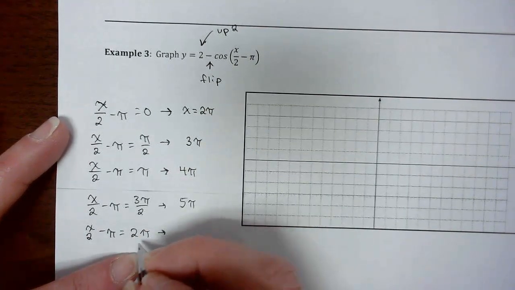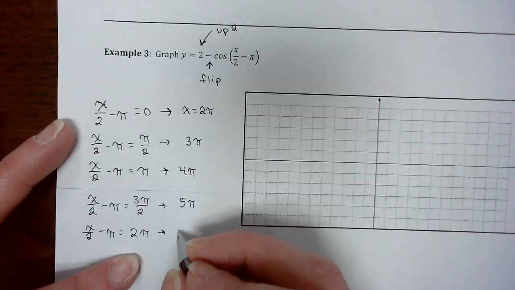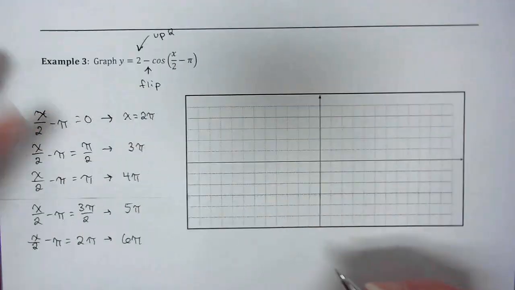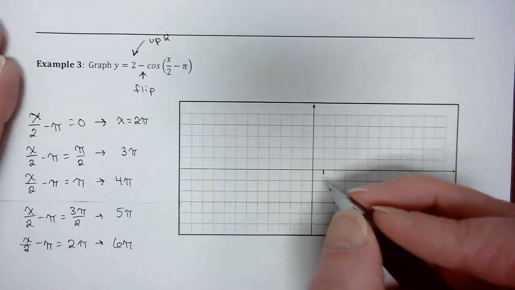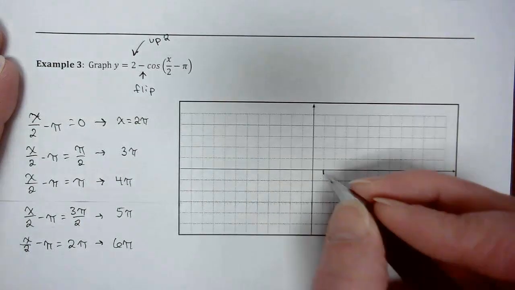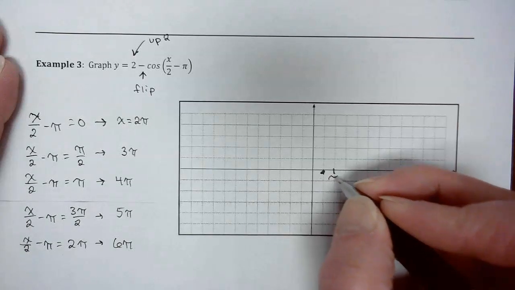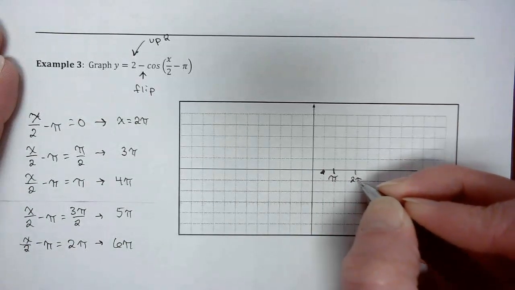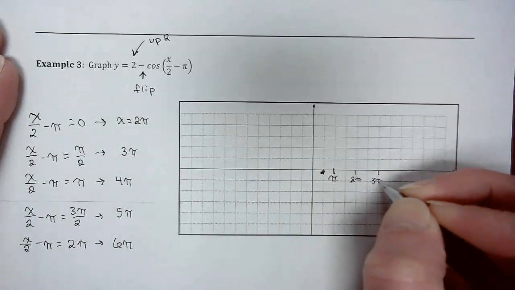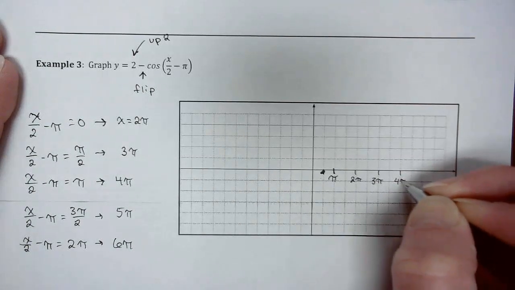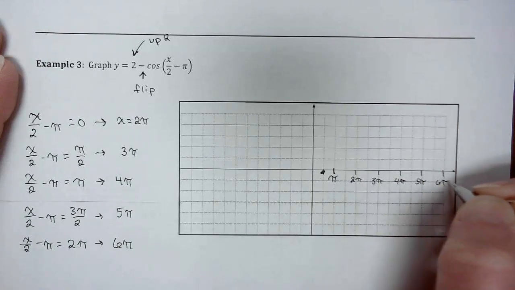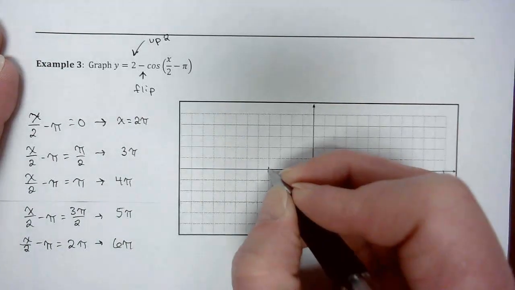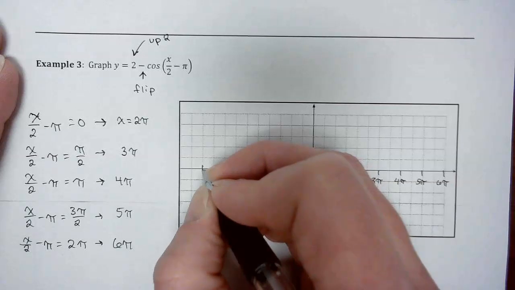Add pi, I'm at 3 pi, times 2 would be 6 pi. So on this one, I'm counting by pi's. Here, we'll space it out. I like doing the spacing out. Pi, 2 pi, 3 pi, 4 pi, 5 pi, 6 pi. And I'll mark over here too.